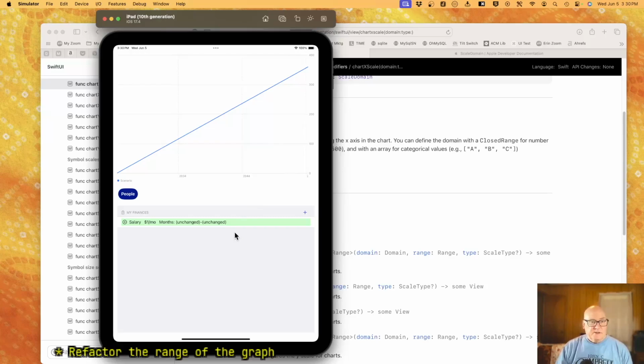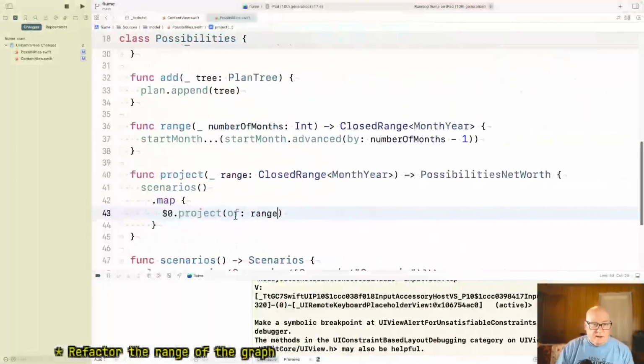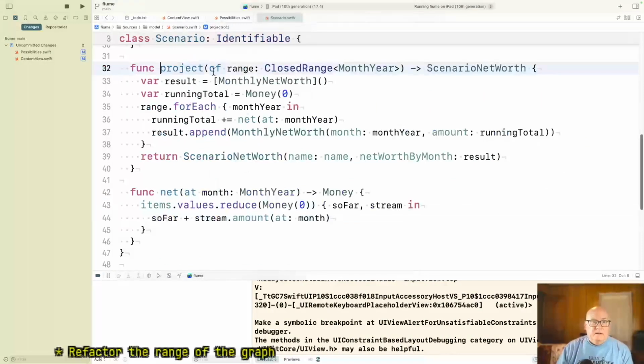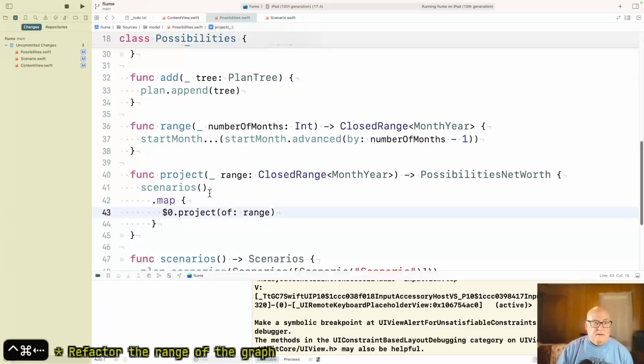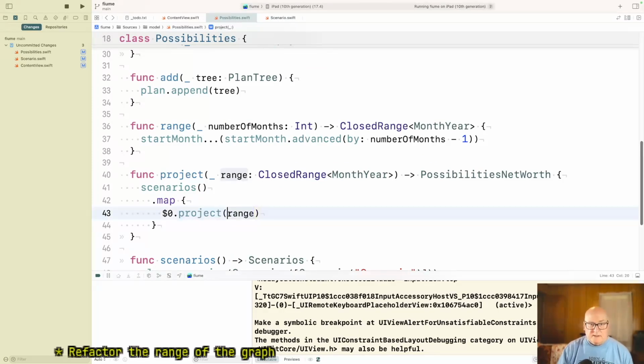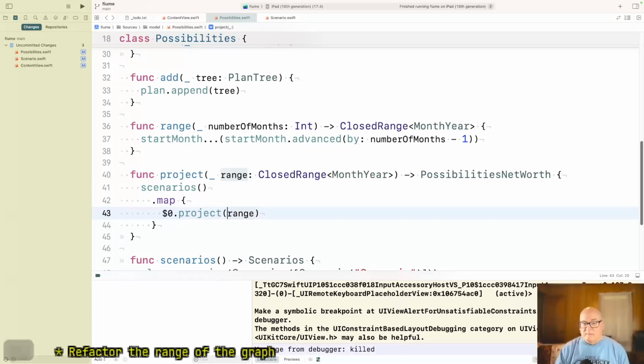So that range, now I think the word the of here is not really needed. Of range, I'm going to make this not required. Project range. Yeah, that seems good. All right, there's going to be some chance of broken tests if they were checking that directly.